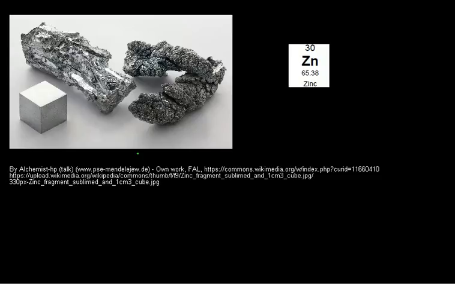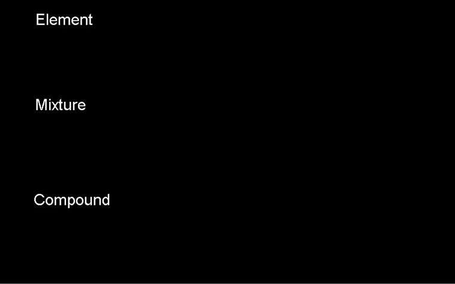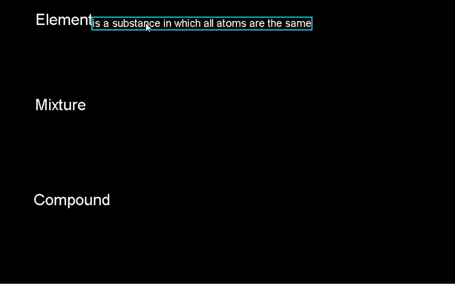And it's the same thing as any other element in the periodic table. In this zinc, there is only one type of atom. So we have a definition of what an element is.